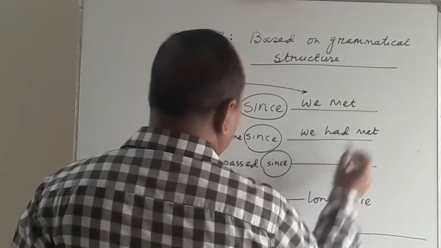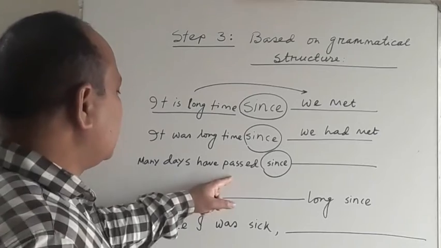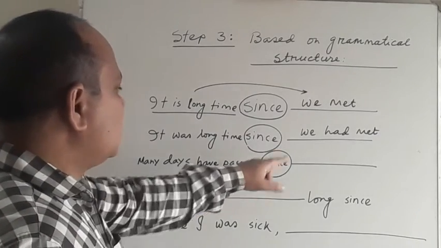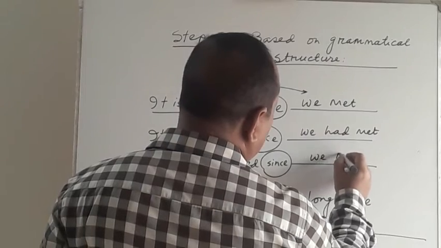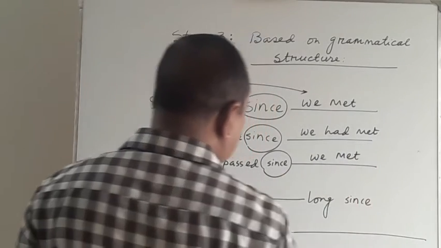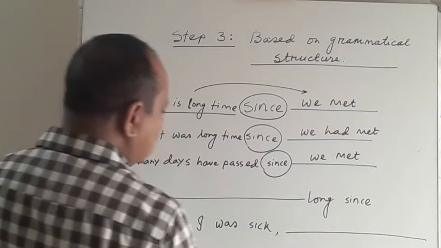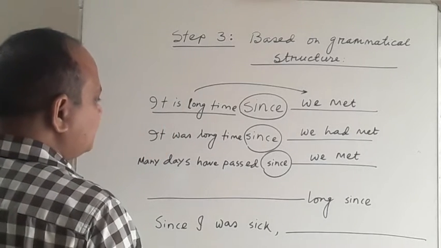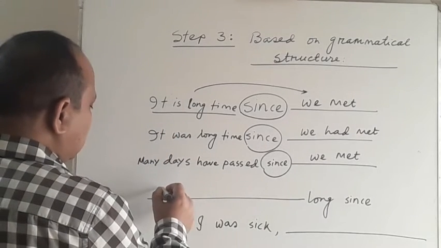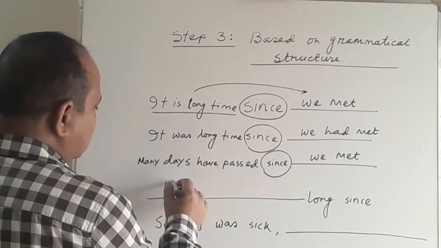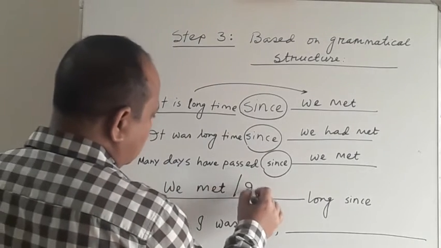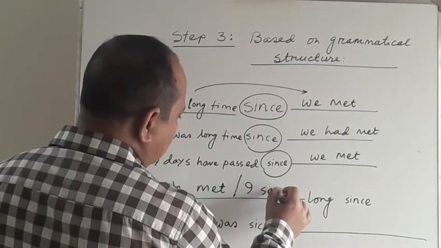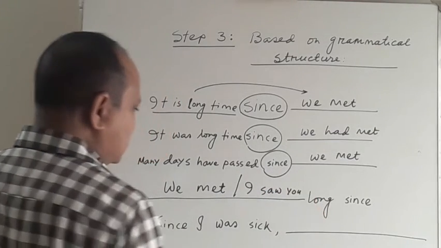Again, many days have passed, present perfect, so next would be past indefinite: since we met. And here the last word is long since, so the first portion would be past indefinite tense. We met long since, or I saw you long since.